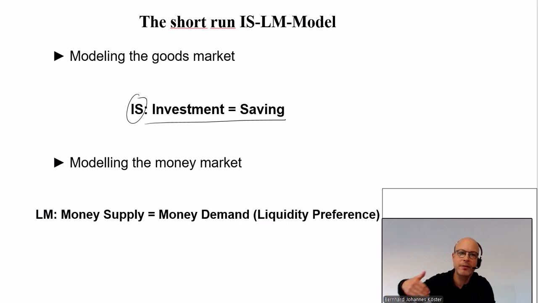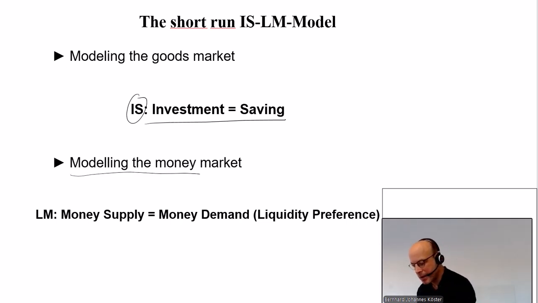Therefore, we call this the IS. And out of this, we will derive in a minute the so-called IS curve, where we obtain a dependence between output and interest rates. At the money market, on the other side, in general we look at supply and demand.